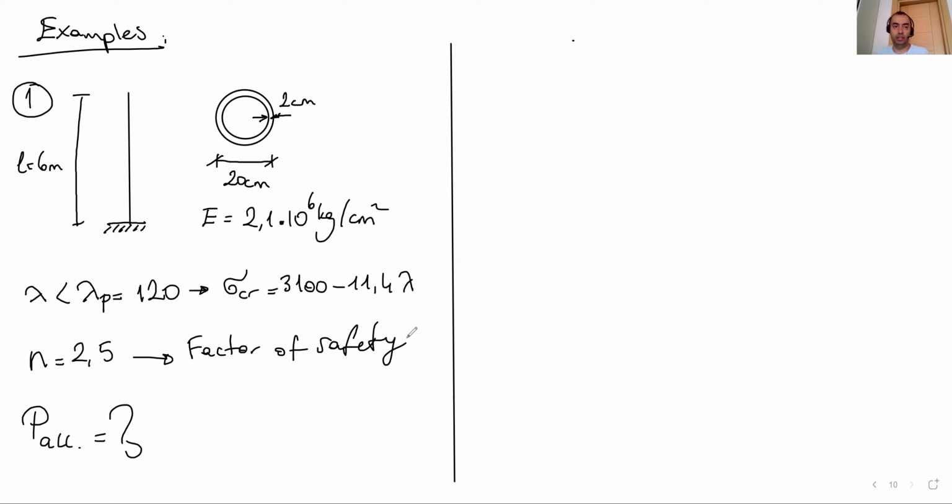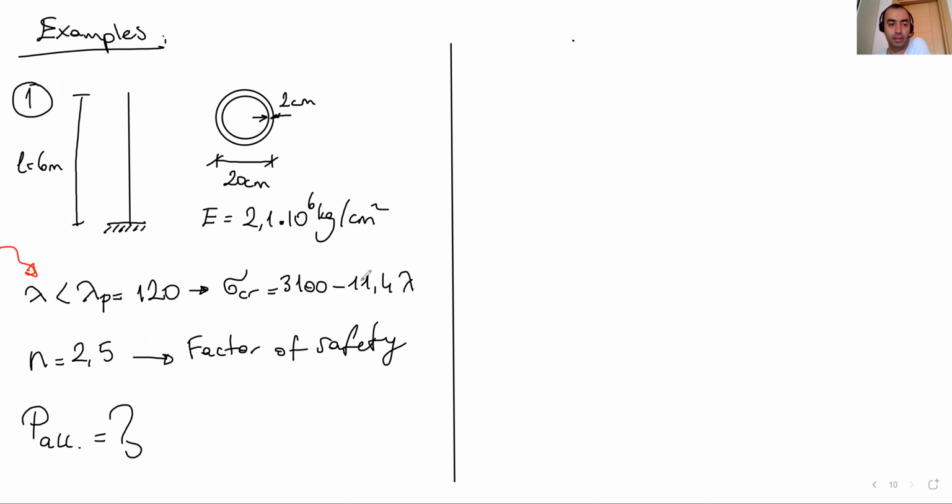What we need to know here is the slenderness, because according to the slenderness we select our method. If the calculated slenderness is less than lambda p, we use the equation given here, which is an empirical equation.